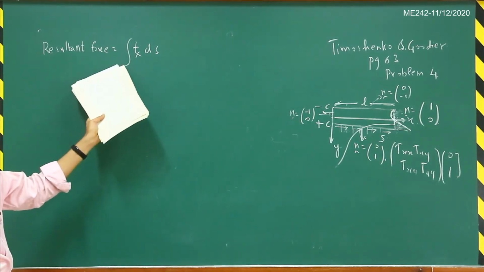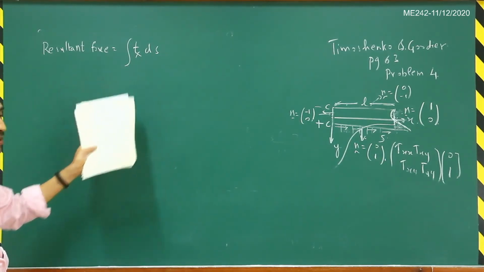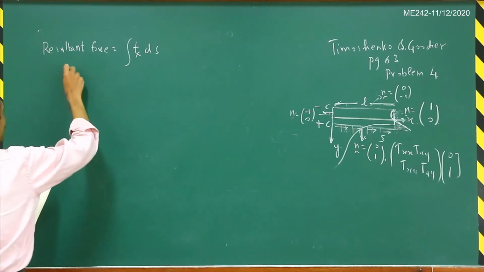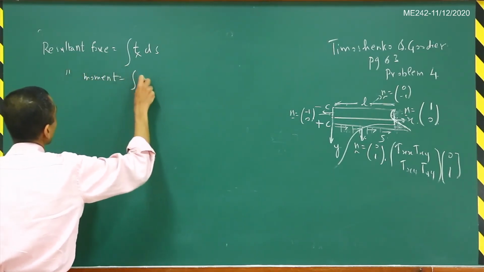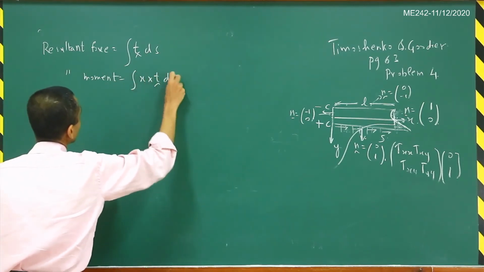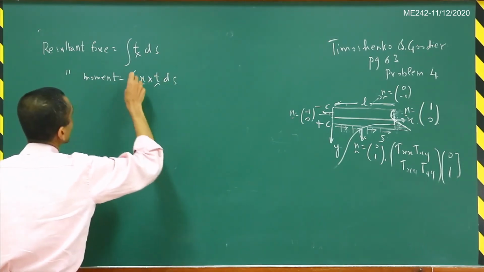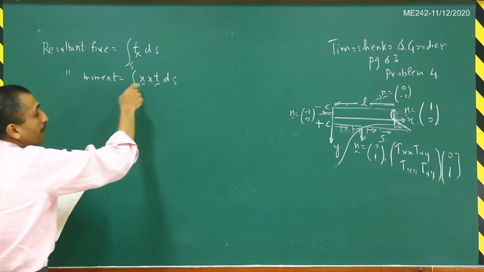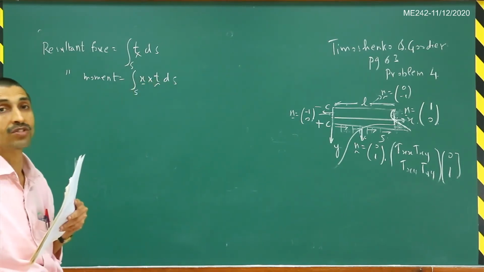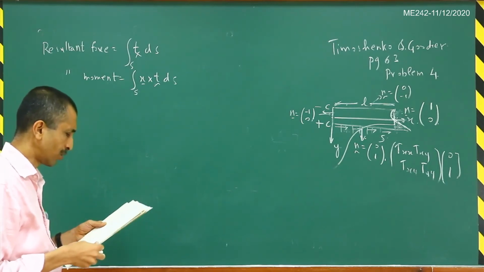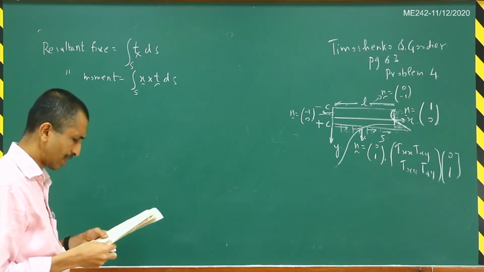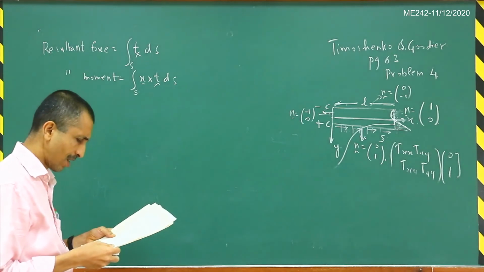This is what appeared in the balance of linear momentum, and the resultant moment would be equal to the integral of x cross t times ds over s. This is what appears in the balance of angular momentum, right? So this is how you should compute the resultant forces and moments.